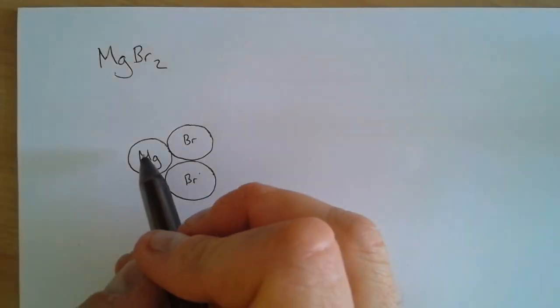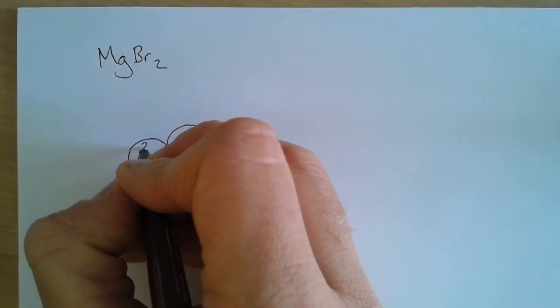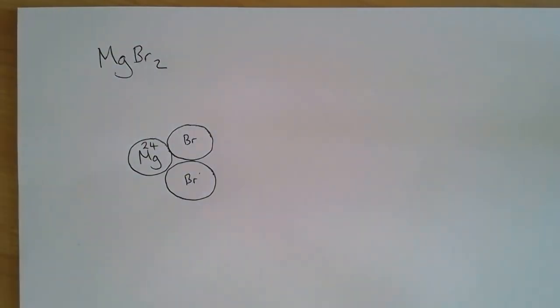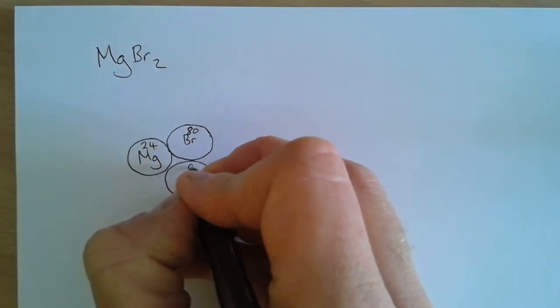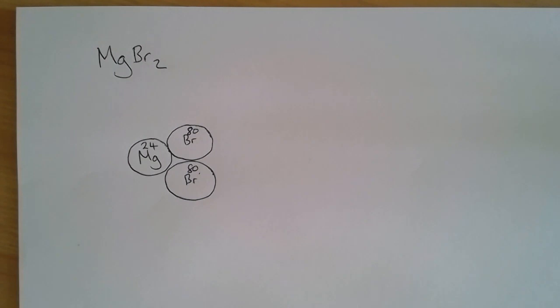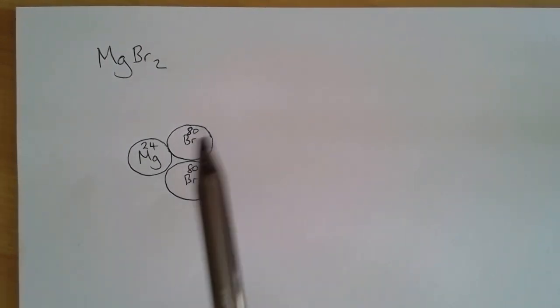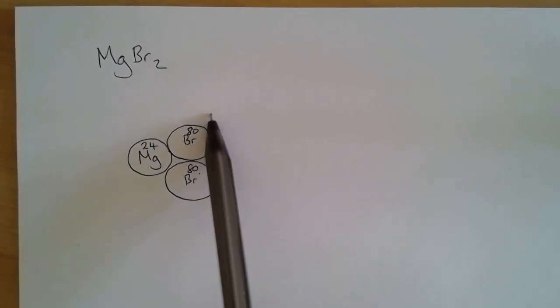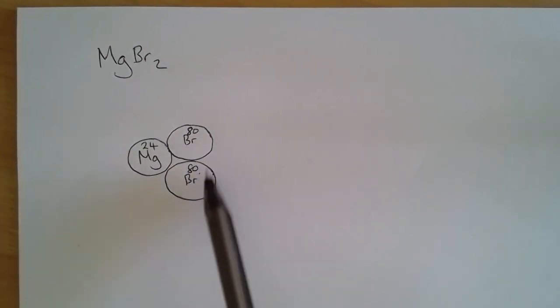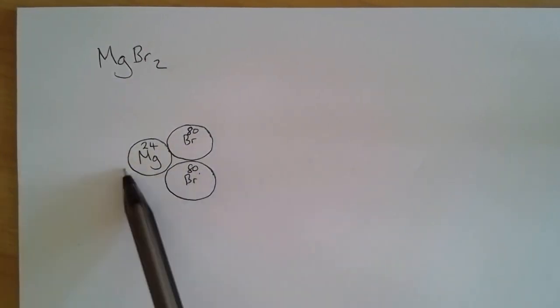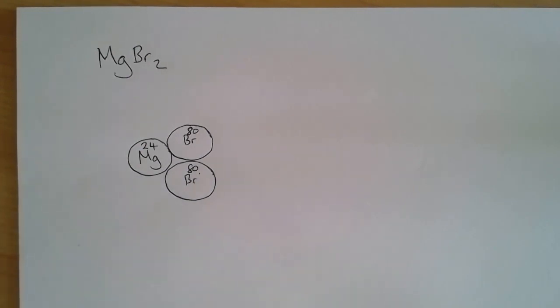So if we were to look on the periodic table, we would see that magnesium has a mass of 24. So a magnesium ion has a mass of 24, and each bromide ion has a mass of 80. So just looking at it, by far the greater proportion of the mass is going to be due to these much heavier bromide ions than is due to magnesium.